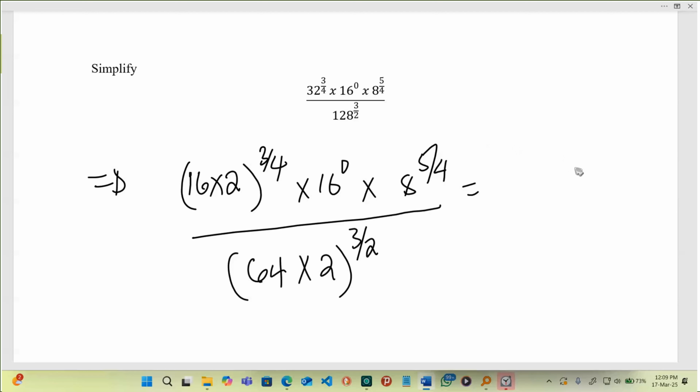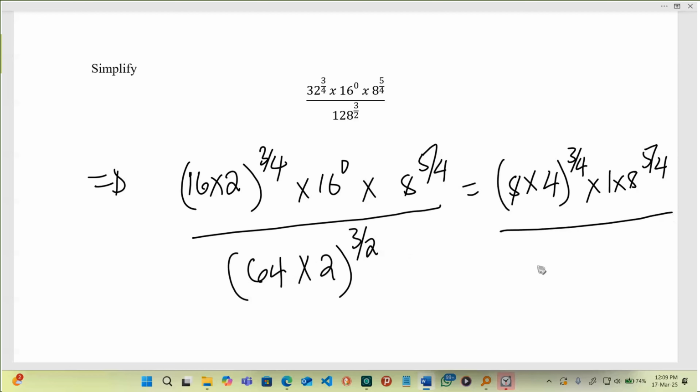So this is going to be 8 again times 4, power 3 out of 4 times 1, because that doesn't really need to complicate this matter here. So this is going to be 8 times 8 to the power 5 out of 4 divided by, again, 8 squared times 2, and everything is power 3 out of 2.